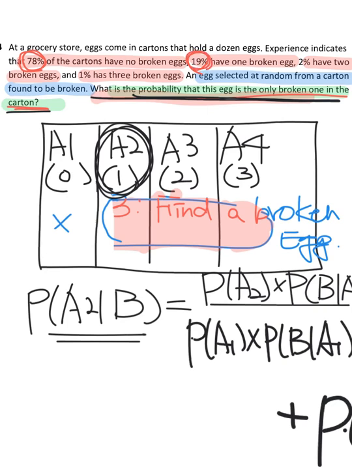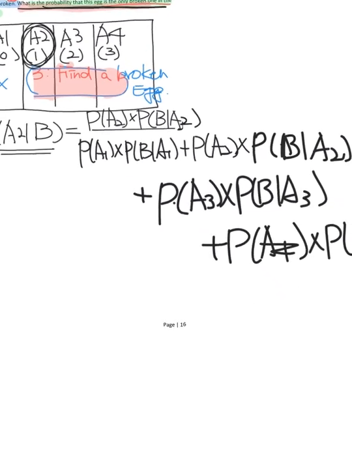And 19% is the probability of A2. 2% is the probability of A3. And 1% was the probability of A4. They are the marginal probabilities for each A. Right? So let me go back here.